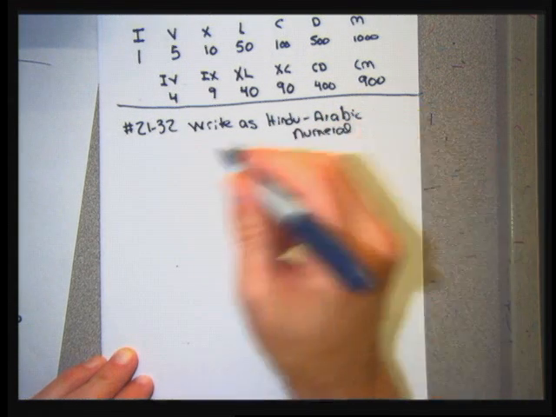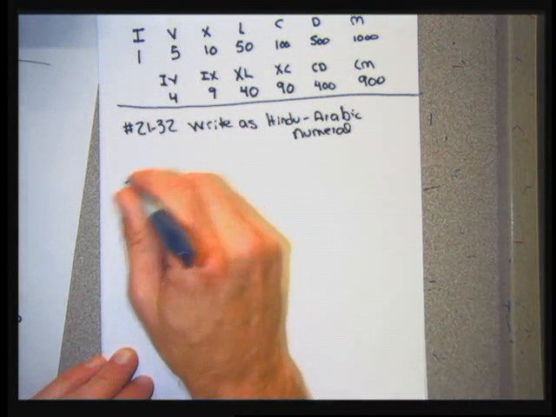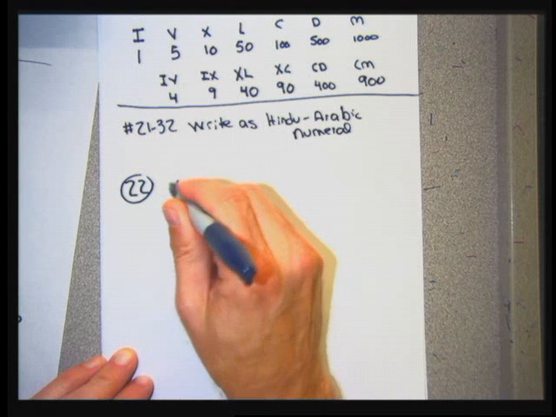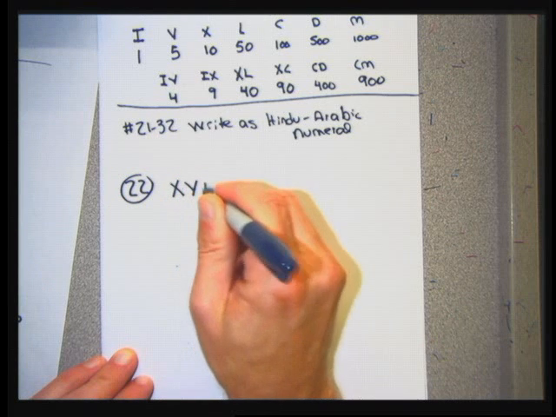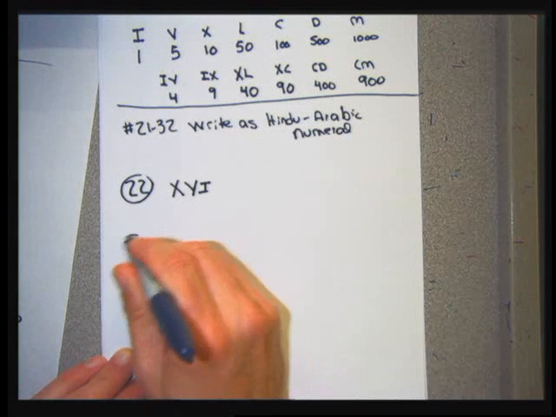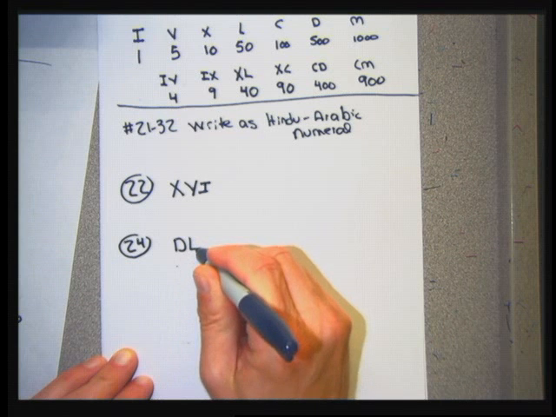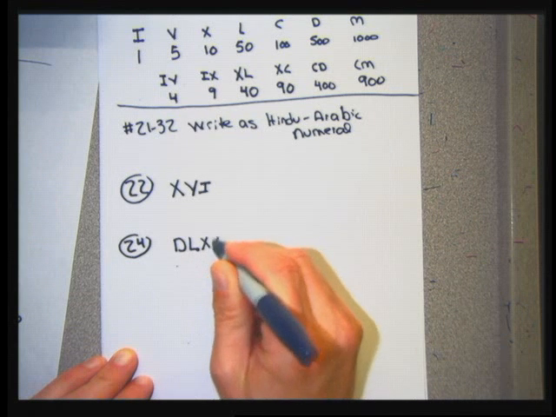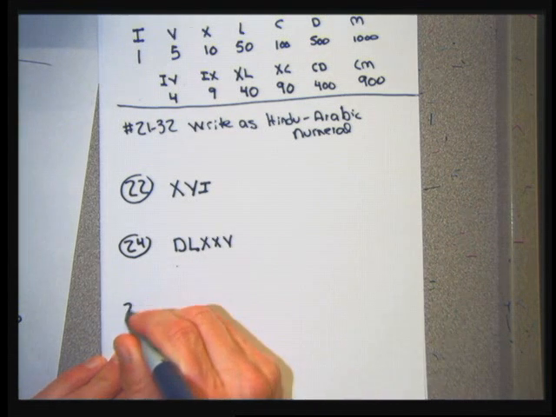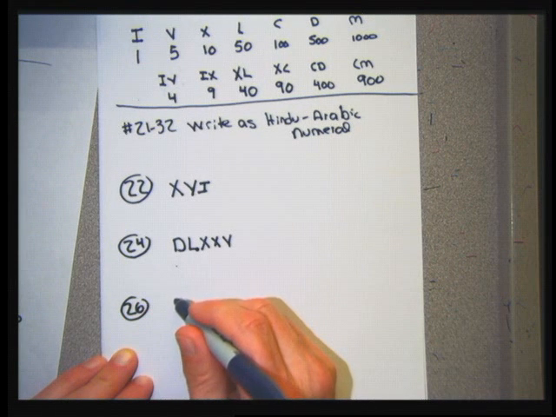So what I'm going to do is I'll do most of the even problems in this section, and try to find one that's a trick problem to start off first. So anytime I'm asked to take a Roman numeral and write it as a Hindu-Arabic number, I follow the same procedure every single time.